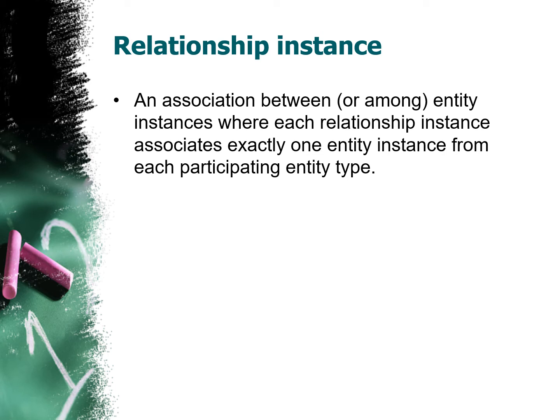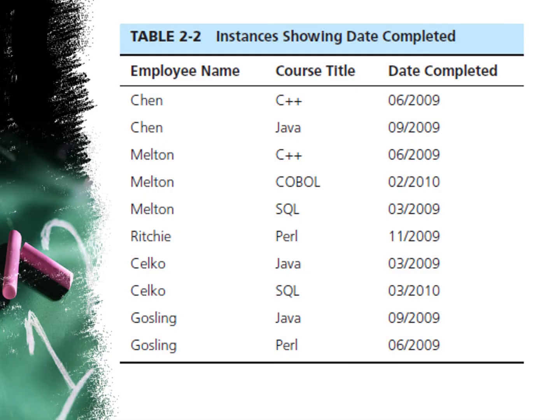An employee completes C++, an employee completes Java. Those are relationship instances: an association between or among entity instances where each relationship instance associates exactly one entity instance from each participating entity type. As you can see, there are the employee name and the corresponding course title. Those are the instances between the two entities.